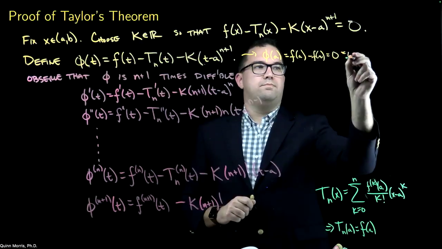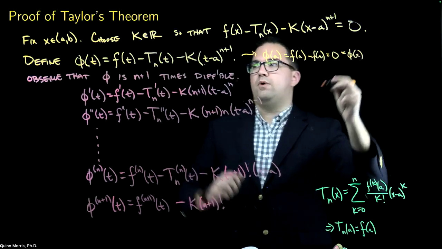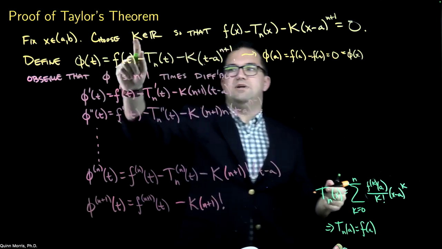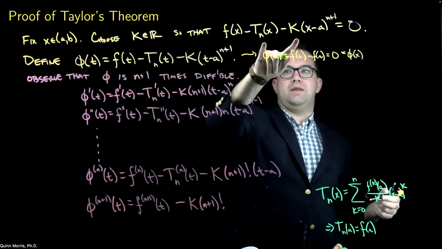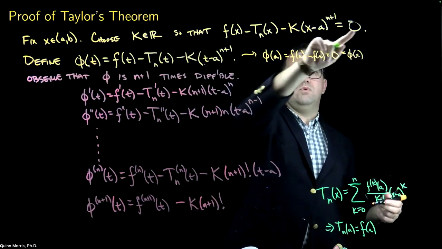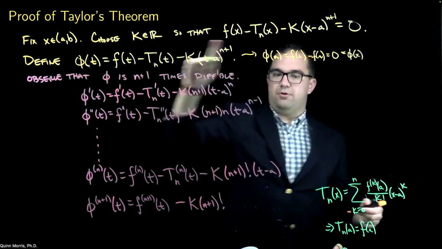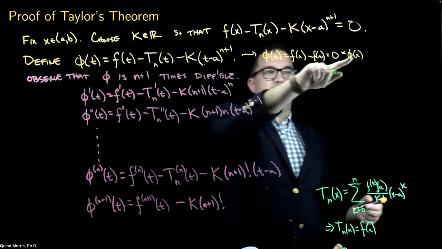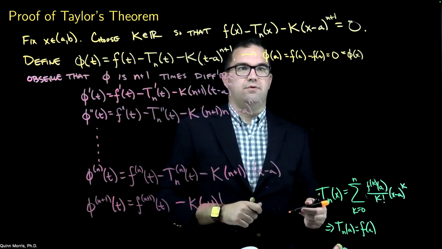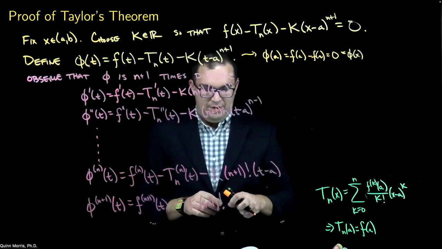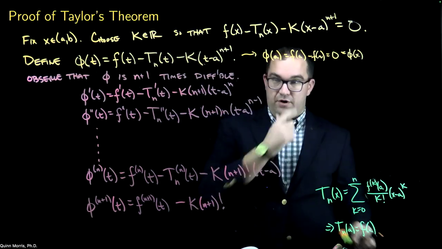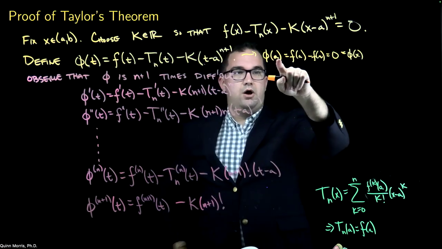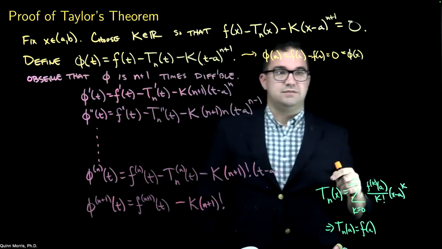But also, remember this point x up here. We chose this x earlier, and we chose k so that this quantity, when you plugged in x, was 0. So phi of our particular x value that we chose here will also be 0. So what do I have here? I have a function phi that is 0 at a and at x.